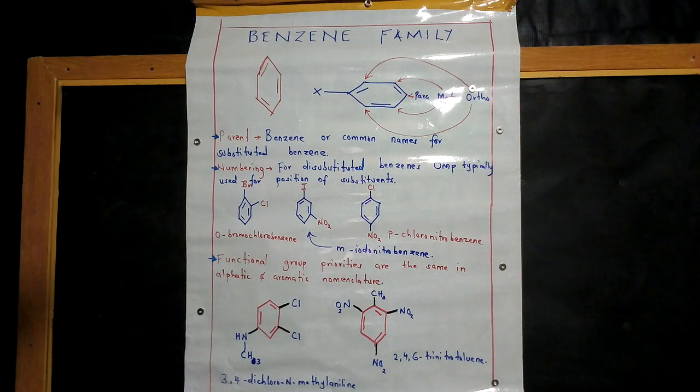For example, we have this first compound that consists of a bromo and a chloro group. Now the naming for this also obeys the rules that we have stated for aliphatic compounds, and we shall start the counting from the bromine, which appears first in alphabetical order. So we have 1, 2. So it is a bromochlorobenzene.